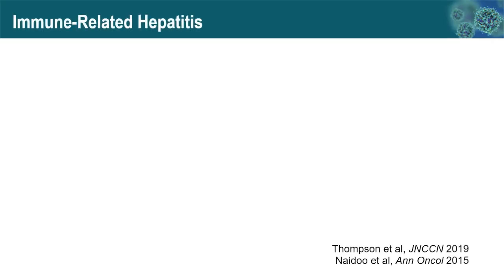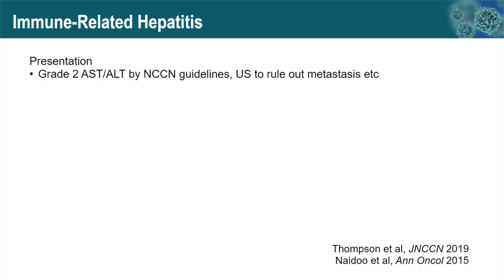This is a typical case of immune-related hepatitis, and it is an example of a patient presenting with grade 2 AST or ALT elevations. In these cases, it would be routine to consider an ultrasound of the liver to rule out the presence of liver metastasis.